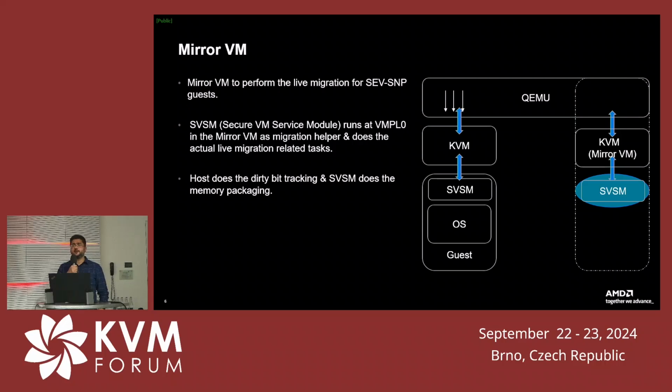The mechanism which mirror VM uses is a different KVM object than the primary VM, and it creates these new vCPUs in the context of this KVM object and runs them at the SVSM layer. So it just reduces the data structures per KVM level, and there's not much sharing of the common data structures like APIC and all these things.